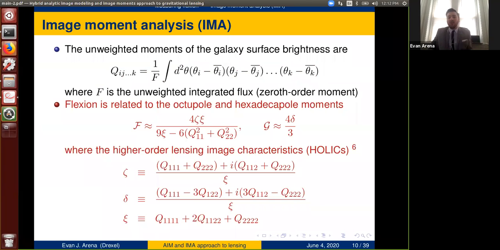The basic idea here is that since it's already established that shear and ellipticity are related to quadrupole moments or second order, then flexion must be related to the third order moments. And since the galaxy in the source plane is unobservable, the method simply calculates flexion in the lensing plane without so much concern for what it looked like in the unobservable source plane.